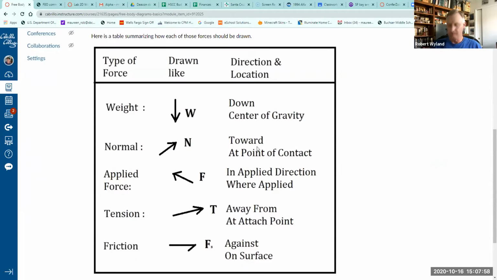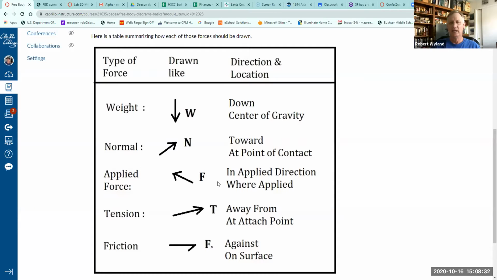And I think Joanne's and mine are pretty consistent on this, that this is how you draw these forces. If you have a weight, it is always down, and you usually draw it with a W, and you do it from the center of gravity. A normal, you usually draw towards the point of contact, and I like to see it labeled as N. If you have multiple, you can go NA, ND, NC, but N. And again, weight, you could have weight 1, weight 2, weight 3.